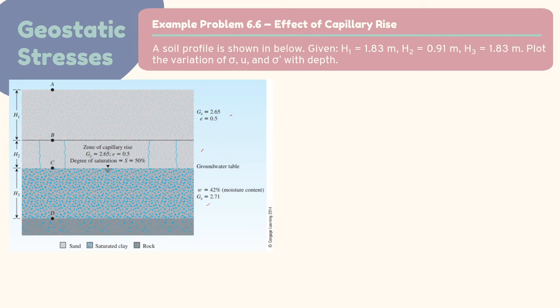For this one, we'll have to determine the dry unit weight. Gamma sub d is equal to G sub S times the unit weight of water all over 1 plus E. So this is equal to 2.65 times 9.81, I will be omitting the units so that we can save some space, over 1.5.